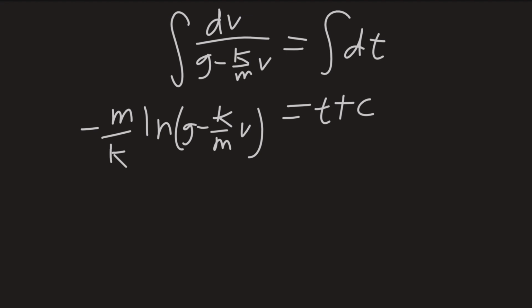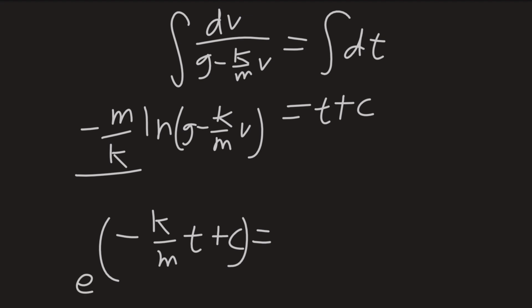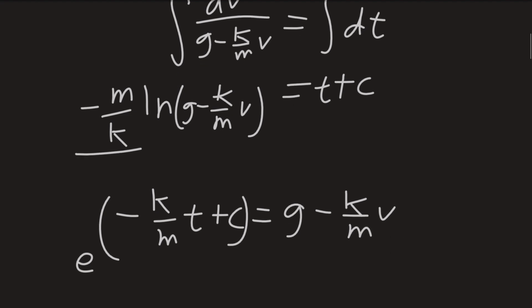So multiplying both sides by 1 over this, we get minus k over m t plus c, I'm just absorbing all the constants into the c, equals our natural log term, but I'm going to raise this to the power of e to simplify things faster. Now we can solve for v.